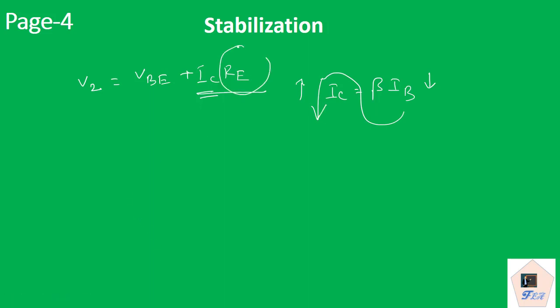So, this resistor RE is taking the corrective measures, or we are using this RE for corrective measures. So, as a result of that, IC will never get out of control, and hence we are getting a better stability in self-bias method.